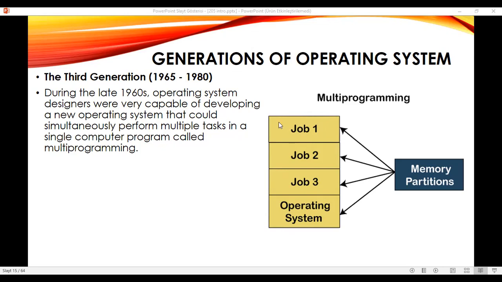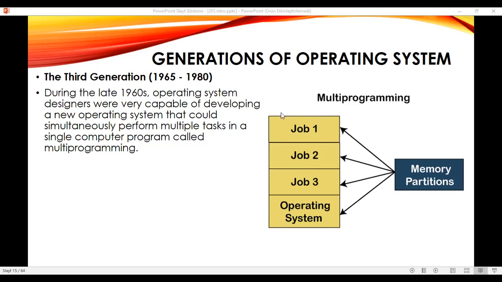Let's say at one time job 1 needs some input operation. For example, the user has to enter his or her name or surname. At that time, the program is stopped. The CPU is not doing anything because it is waiting for user input. What will happen in this case? The CPU will wait in older computer systems.